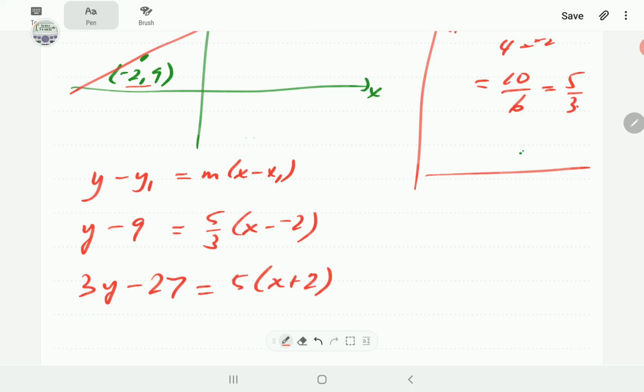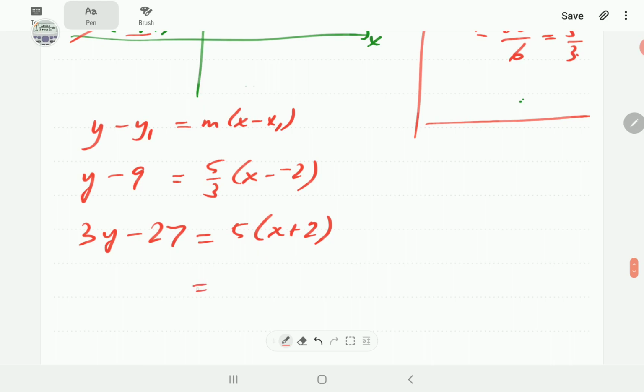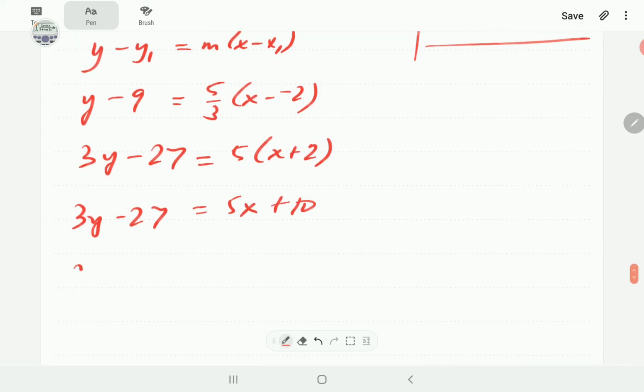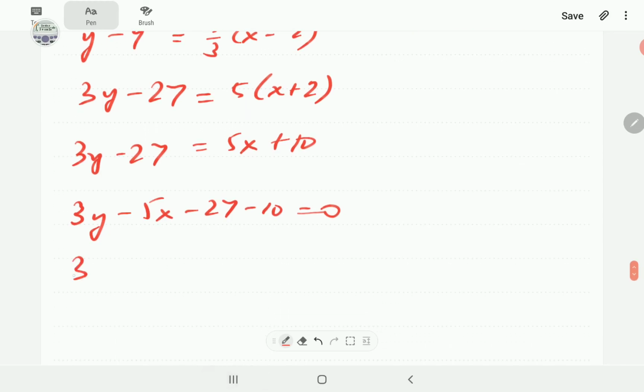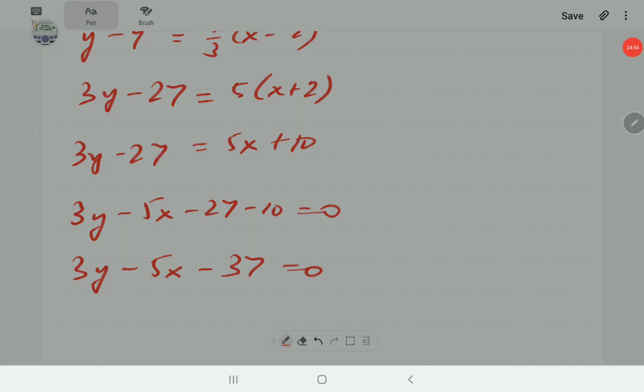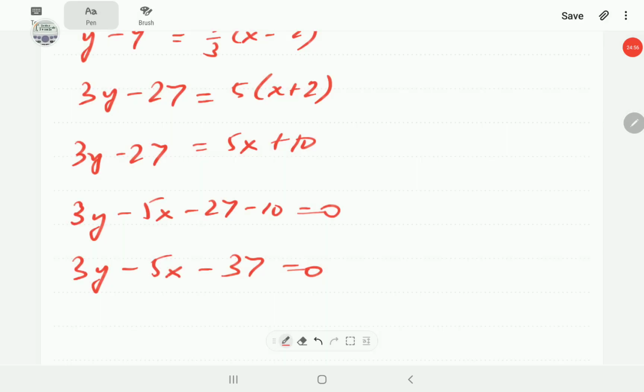This becomes x plus 2. So we've got 3y minus 27 equal to 5x plus 10. So we've got 3y minus 5x minus 27 minus 10 equal to 0. Got 3y minus 5x minus 37. That is our equation.